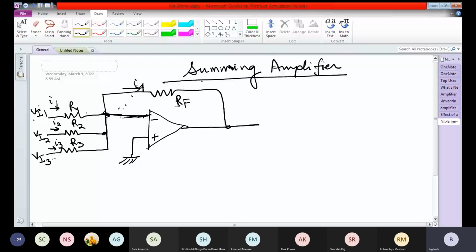We simply use superimposition or superposition. So we set Vi2 equal to Vi3 equal to 0. And then we know the current I1 is given by Vi1 by R1.